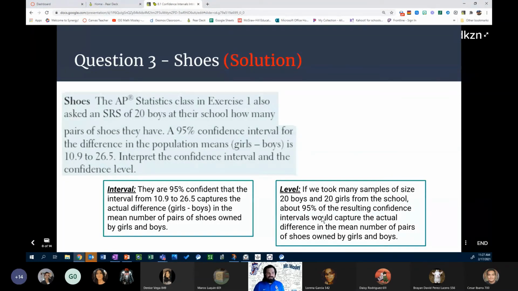In that case, 95% of those would contain the actual parameter. So we might have some that don't.